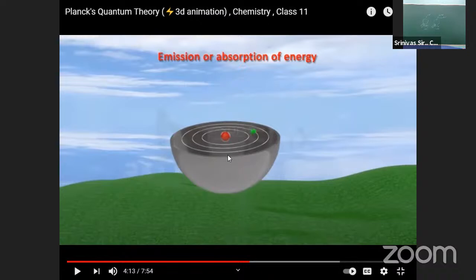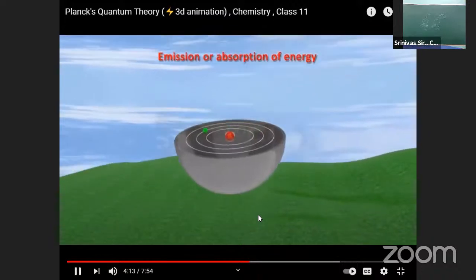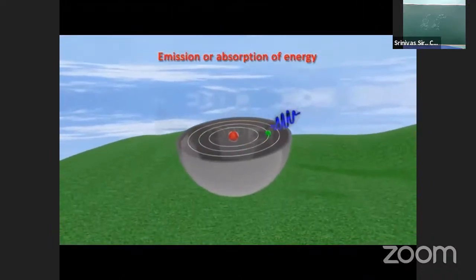When you look at it, imagine this red color particle is a nucleus. Around the nucleus there are circular paths. This is orbit number 1. The next one is orbit number 2. So here the electron is revolving in the second orbit, right? Yes, sir. Now let's see what happens next. It can emit or absorb energy in discrete quantities only.